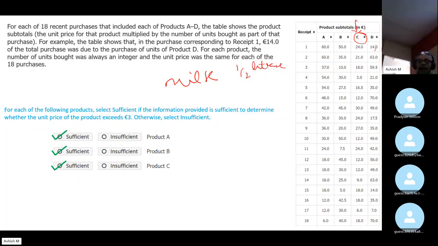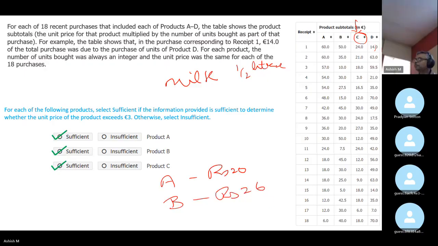And if customer A pays rupees 20 and customer B pays rupees 26. Milk can only be bought in half-liter pouches, which means you can buy one pouch, which would give you half a liter, or 3 pouches, which would give you 1.5 liters, and so on.